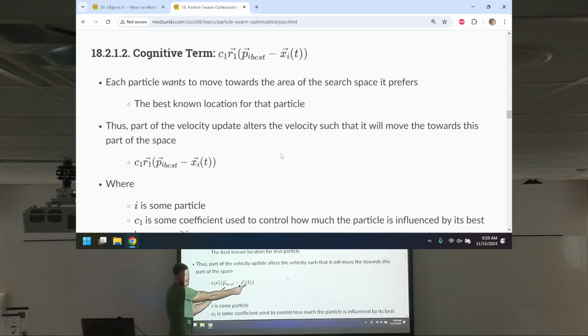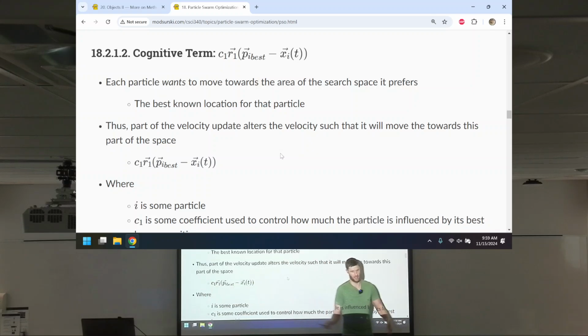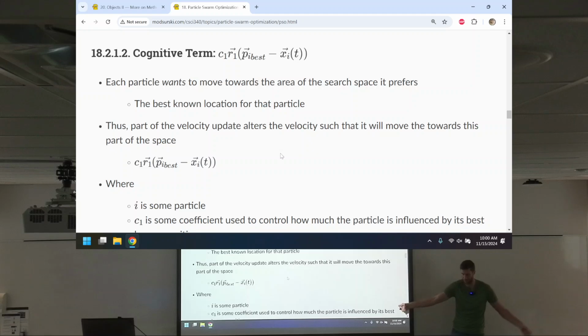The further away I am, imagine this is constant, doesn't matter. The further away I am, the bigger this term becomes, meaning think of it in the context of a bigger velocity update where the next velocity is going to be the inertia term plus how much do I want to go towards the best thing I've seen so far.